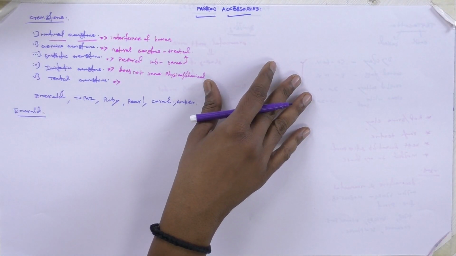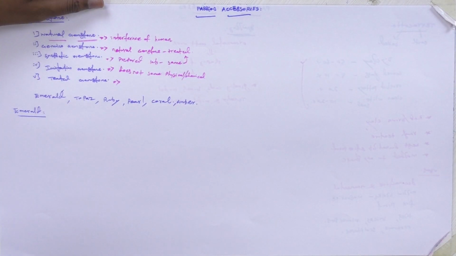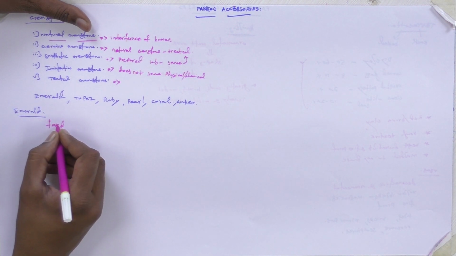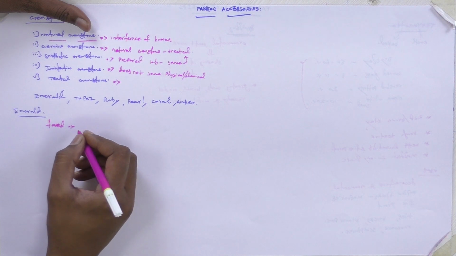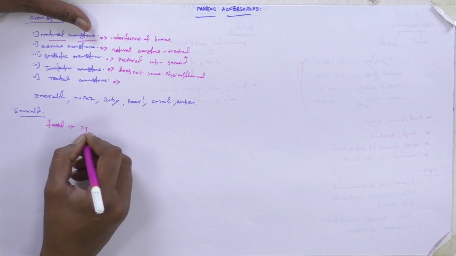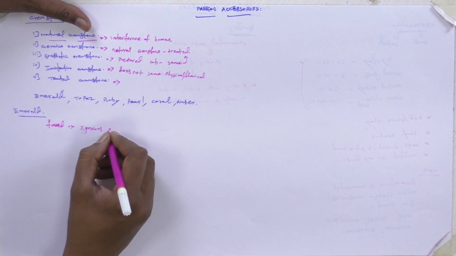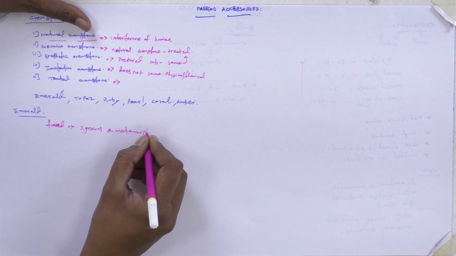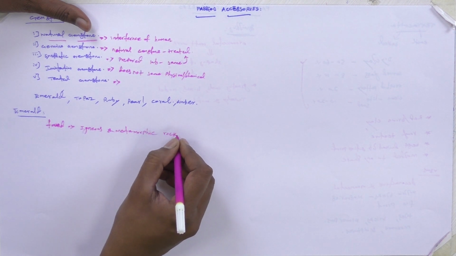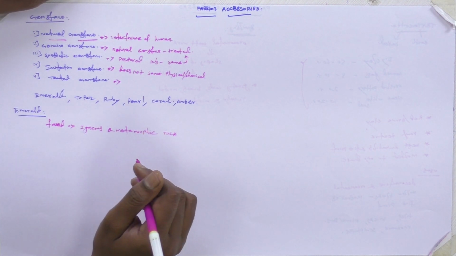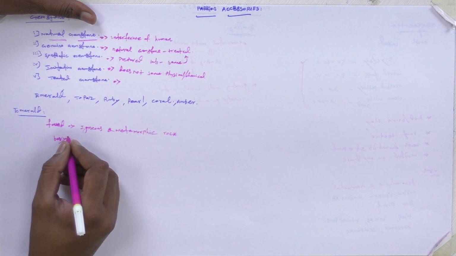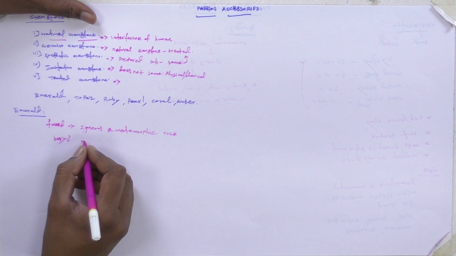It is found in igneous, metamorphic or sedimentary rocks. It is a beryl mineral. Already I said all the gemstones are minerals, so it is a beryl mineral.